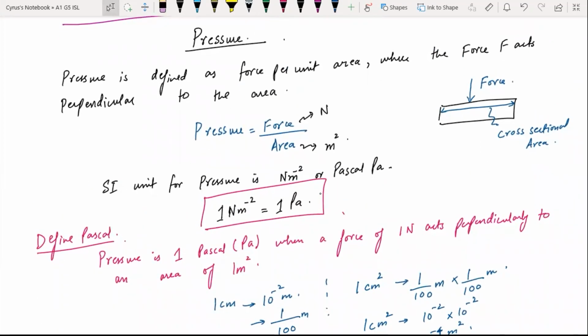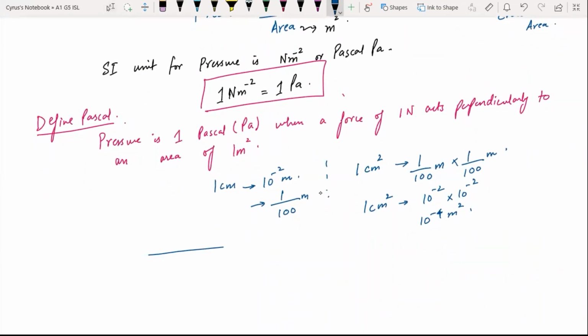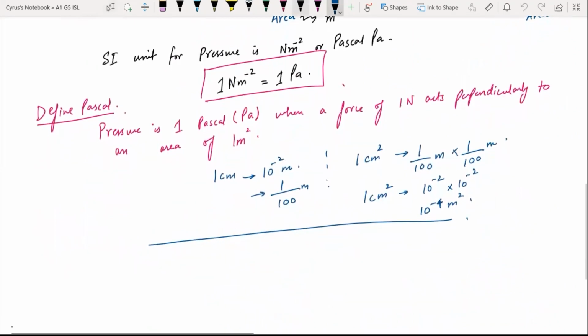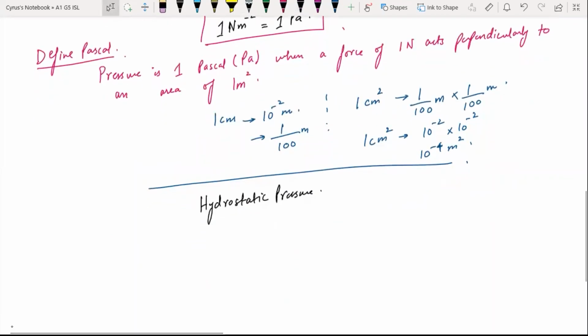ठीक है जी. अब हम चलते हैं hydrostatic pressure. Let's talk about hydrostatic pressure. Hydrostatic pressure जो है, you should know that the pressure is force over area by all means. ये आपको पता है.